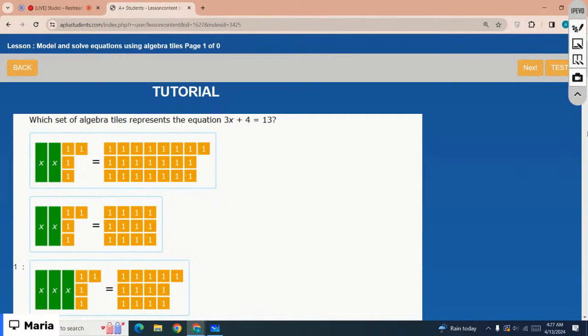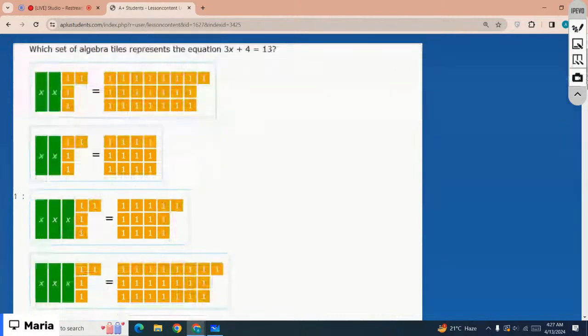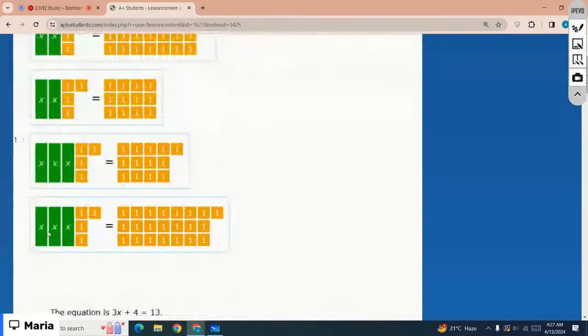So you have 3x plus 4 equals 13. 1, 2, 3, 3x, 1, 2, 3, 4, 1, 2, 3, 4, 5, 6, 7. This is the correct option. Option number C is the correct option, right?